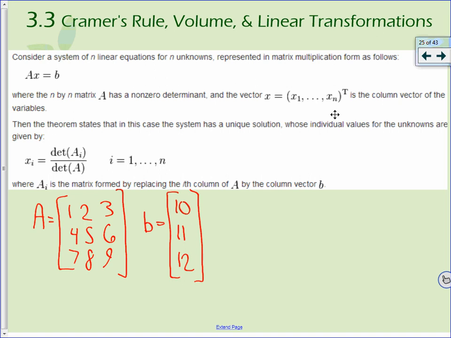All right. Cramer. So, just to give you a sense visually, ladies and gentlemen, of what I was talking about, if you were to find x1, which is the answer to this matrix equation where A is that and B is that, x1 is the determinant of this matrix. And I want you to see if you can follow where these numbers are coming from.